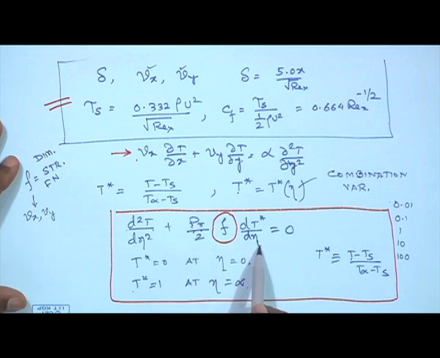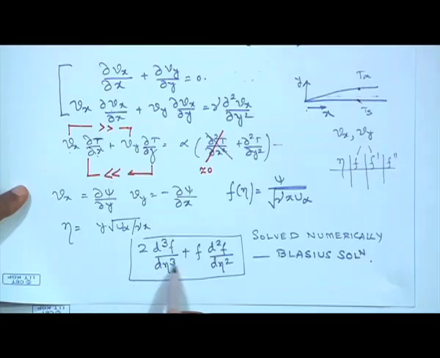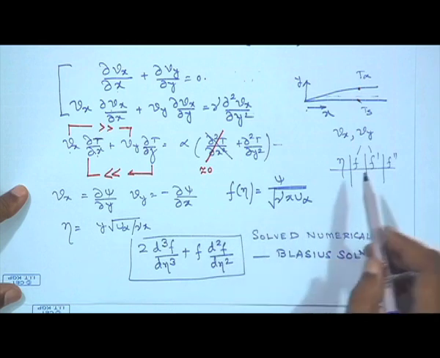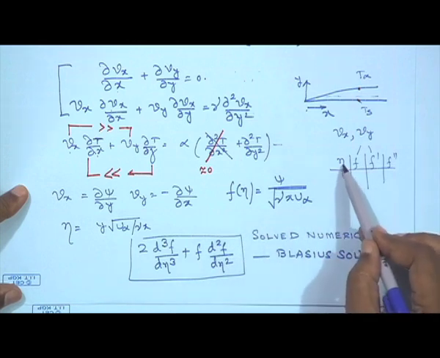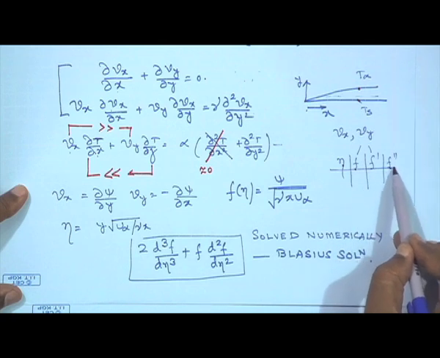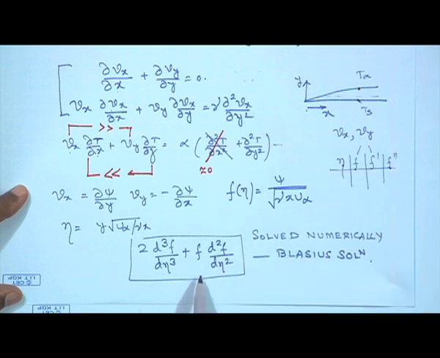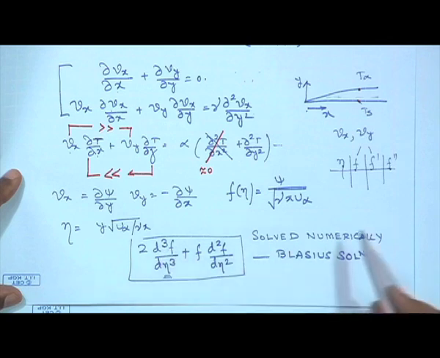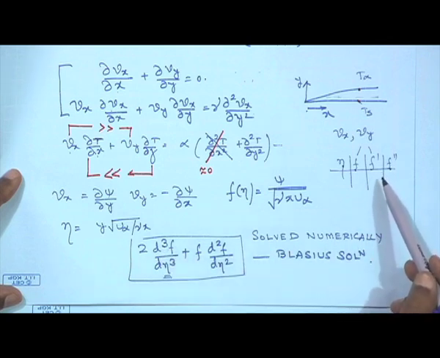I choose a value of eta. The moment I choose a value of eta from the analysis of the Blasius solution, the values of f, f prime, f double prime, f triple prime, etc., all are known to me. So, the choice of eta would give me the value of f from the momentum boundary layer.